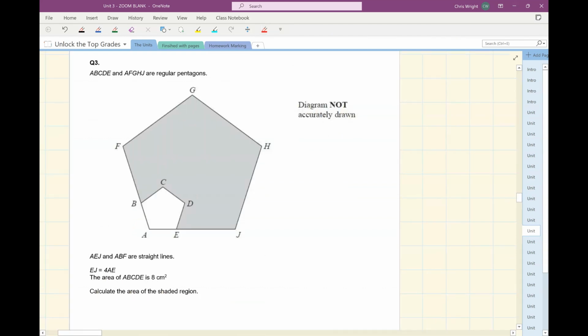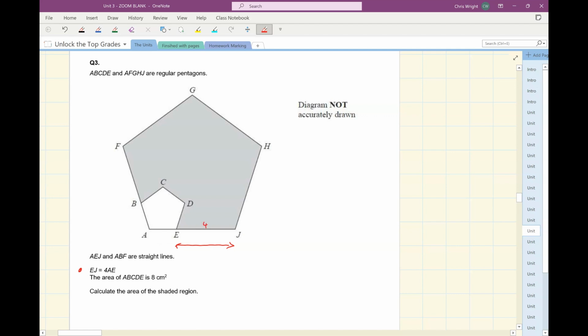Question 3. I've got two regular pentagons, and I'm told that EJ, which is this length here, is 4 times AE.